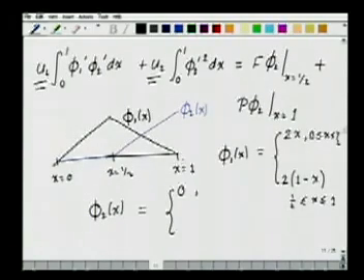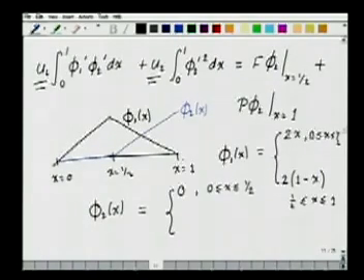In this region, it is linear and it takes a value of 1 at the point x equal to 1 and it is 0 at the point x equal to half.